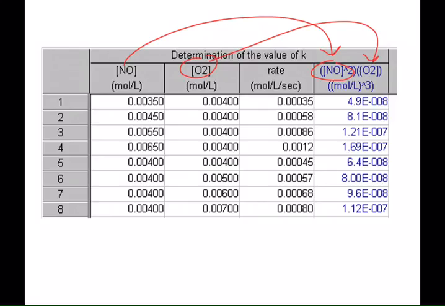That's what your calculated column does. Because remember, LoggerPro is great at pulling a column in, squaring it, times pulling the other column in, and it will load that up for you to put along the x-axis. So that's going to be your x, and this is going to be your y, and we're going to call it good.